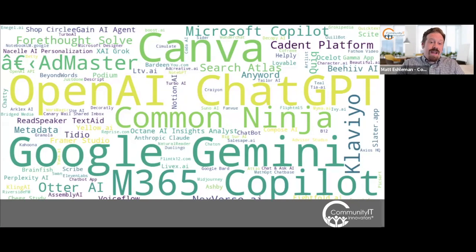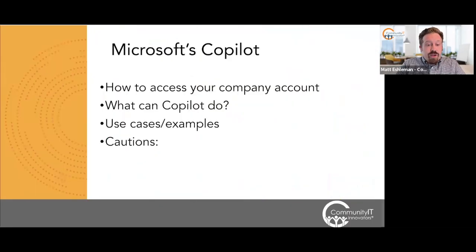Do I trust them? There are some big name players here, Google, Gemini, and OpenAI and ChatGPT pop up pretty big, but then there's Common Ninja, like what is that? And Beehive AI. So there are a lot of other tools out there, all trying to make it in this marketplace.